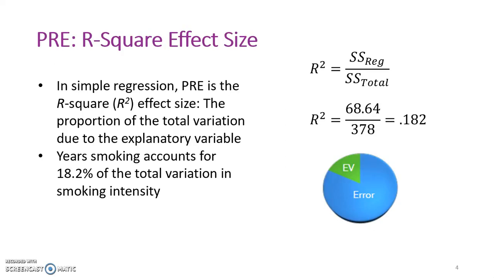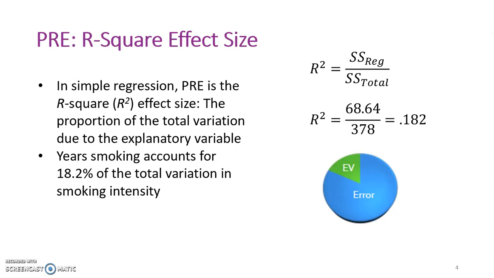Now, proportional reduction in error is also known as the R-squared effect size. Now, this is only true for simple linear regression, where we are only incorporating one additional predictor into the augmented model. But when we only have one additional predictor, proportional reduction in error is calculated in the same way as the R-squared effect size.